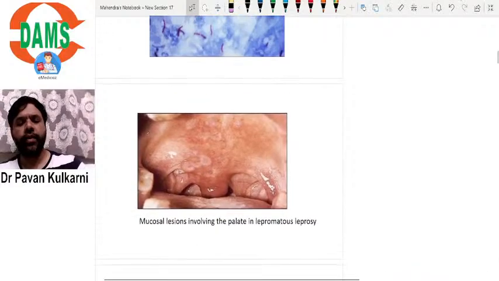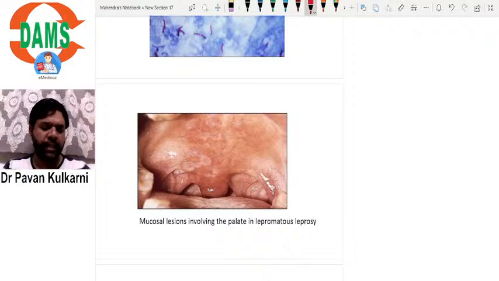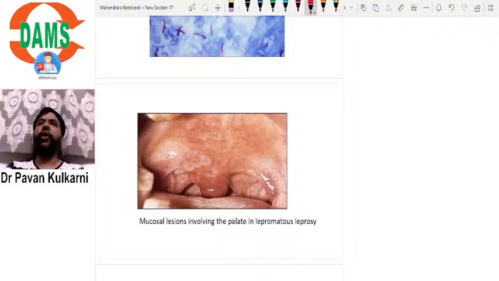This is a typical image of the leprosy patients. We know that leprosy is basically of two types: tuberculoid leprosy and lepromatous leprosy. Characteristically, you will see the mucosal lesions on the palate. You should remember this. The most common site for oral lesions in leprosy is the palate.